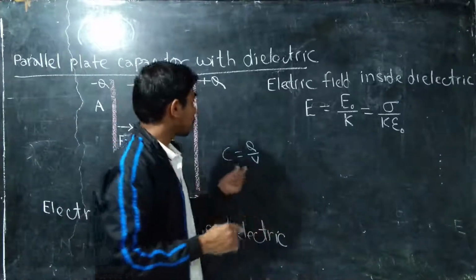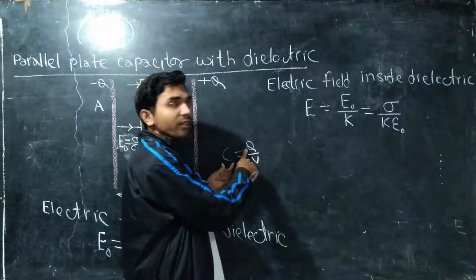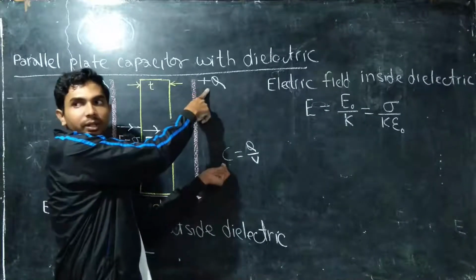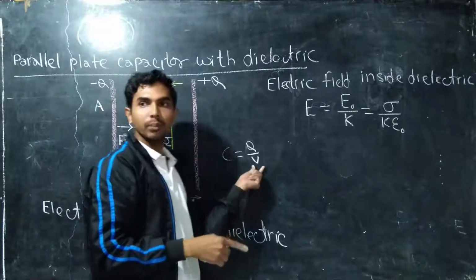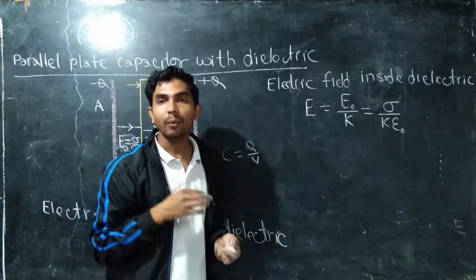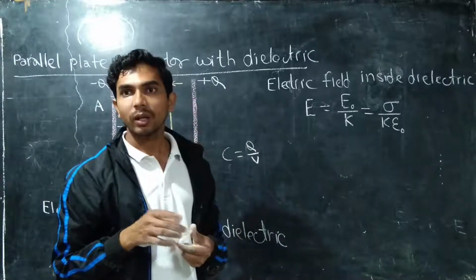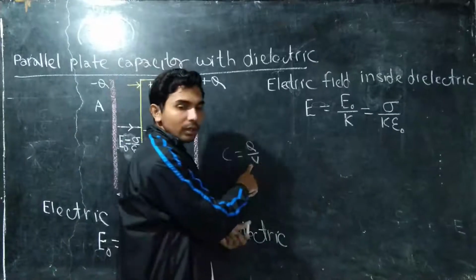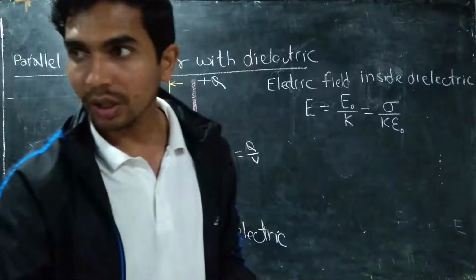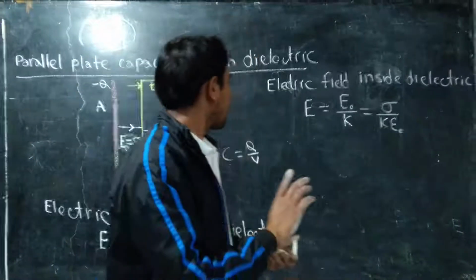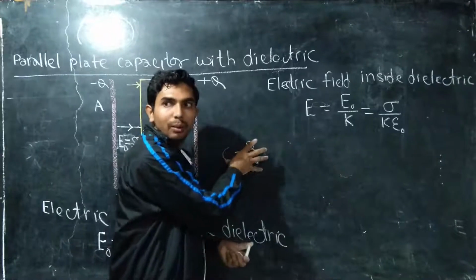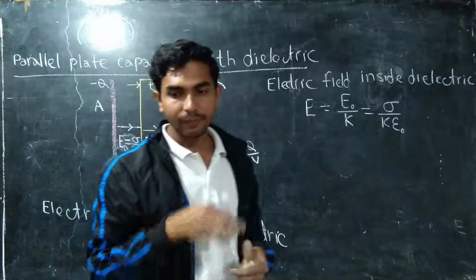So to find capacitance, the charge on the capacitor is already known, but we have to find V. Now I have calculated the electric field, and with its help we can calculate V. Then by substituting that V in this formula we get the answer, okay?